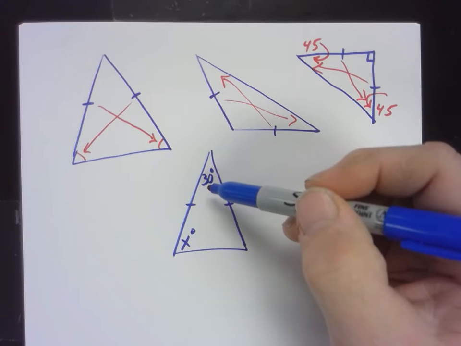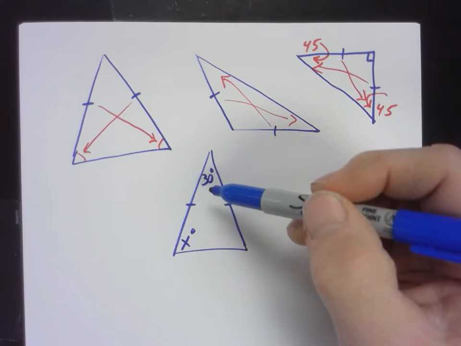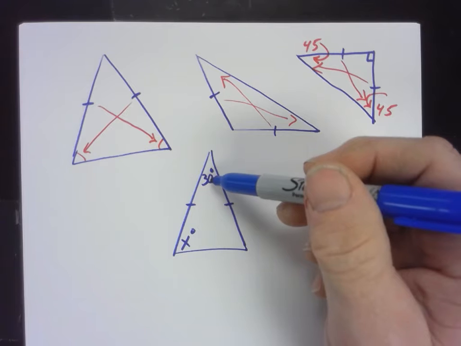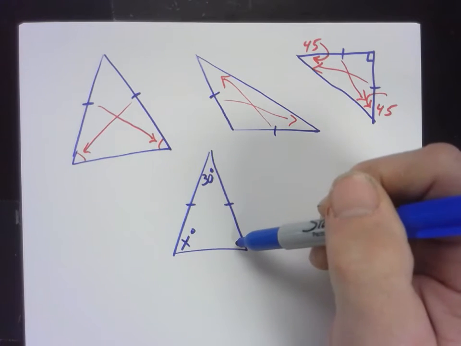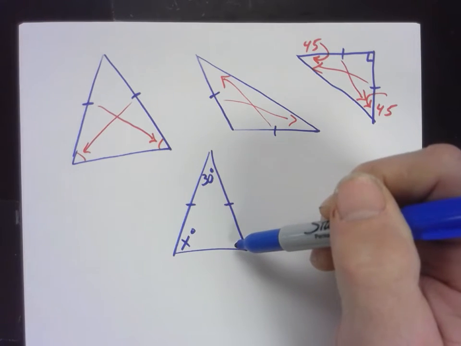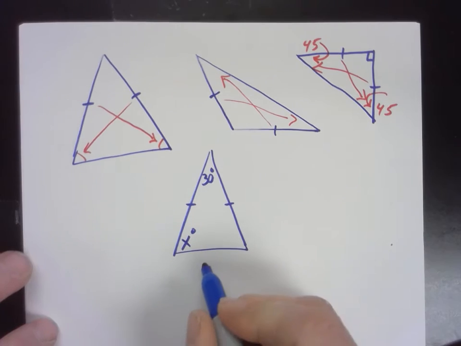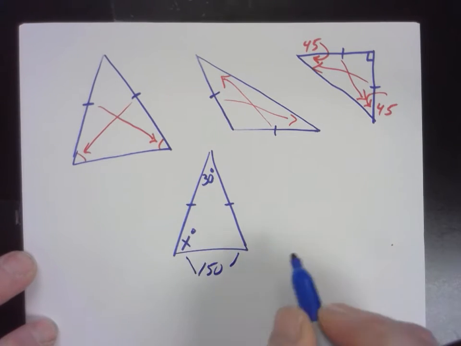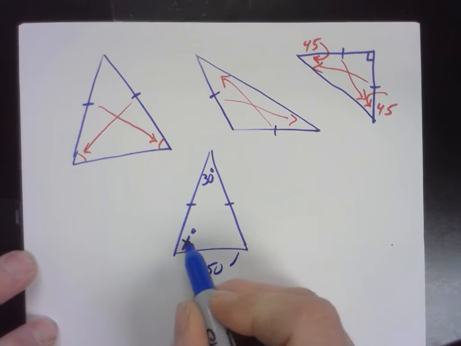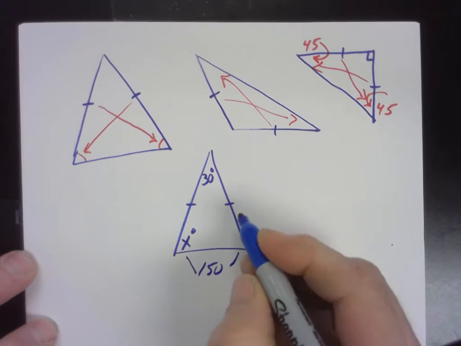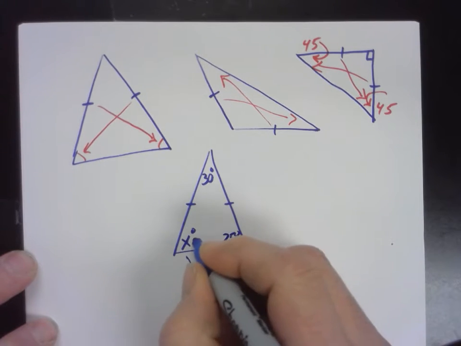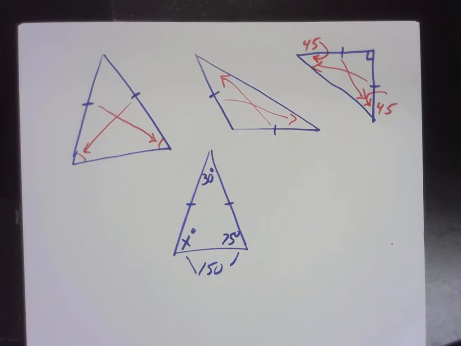But you guys are smarter than that, because you know that if this one's 30, these two have to add up to 150. So each of them has to be 75 degrees. That's right, 75 degrees.